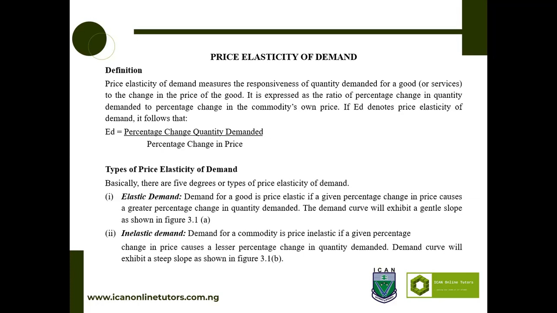Let's take, for instance, that the price of a commodity in the past 2 months was 50 naira, and the same commodity, with the same taste and the same quantity, is now reduced to 30 naira. That will cause a significant change in the quantity demanded. The quantity demanded will be higher than what it was before. So definitely the demand will also be high. Once the price is reducing, the demand will be increasing.